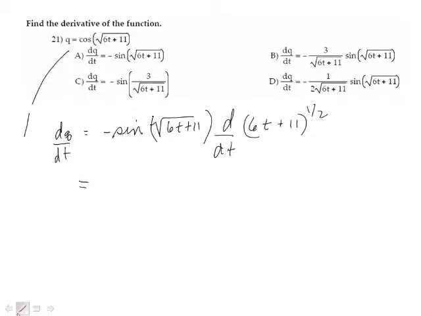And so we get minus sine of the square root of 6t plus 11.